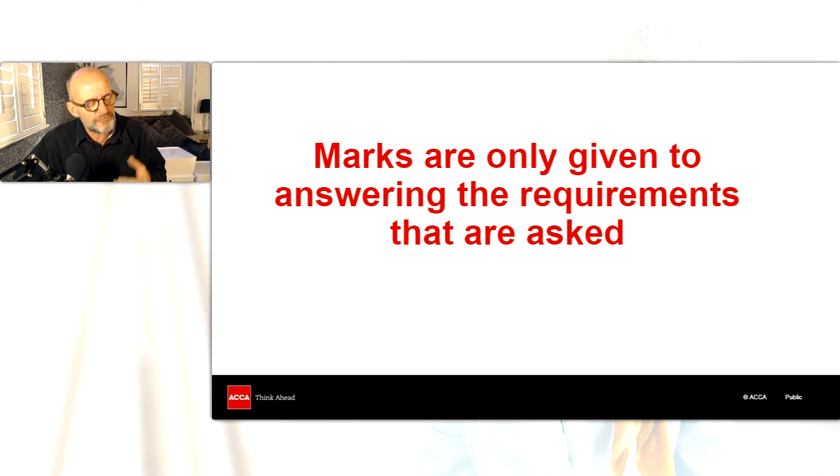And it's really important that you do that. Any deviation from those requirements only wastes time that you could be spending on acquiring marks by answering the actual requirements. Points made that do not deal with the requirements score no marks.